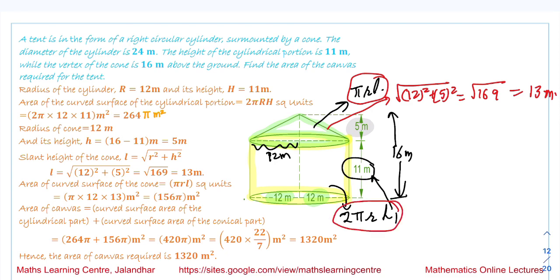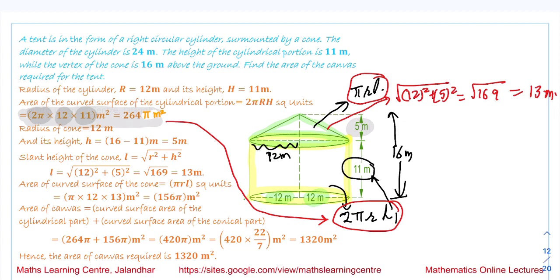So the curved surface area of the cylinder, when we calculate, is 2 pi into r is 12 and height of the cylinder is 11, and when you solve this you will get the answer 264 pi meter square. So this is the value we have calculated for the cylinder.